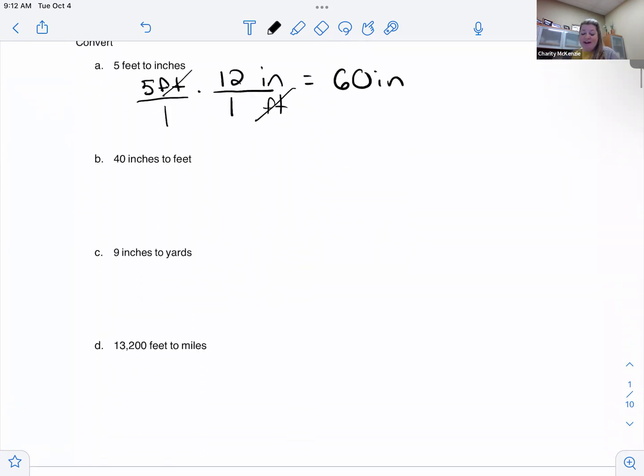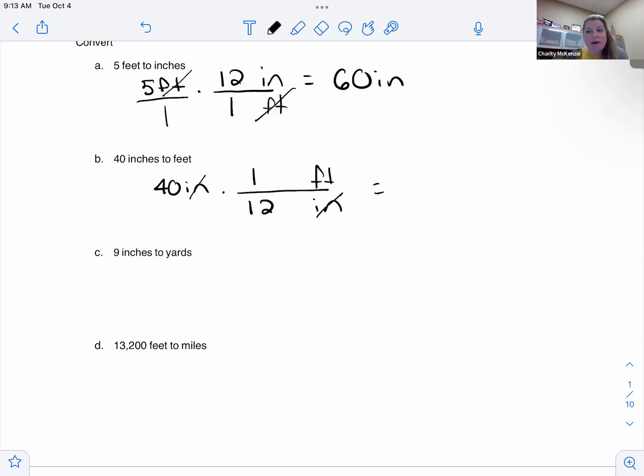So B says, if I have 40 inches and I want to see how many feet that is. So what do I have first? I have 40 inches and I'm going to multiply that by, on the top, my goal, which is feet, and on the bottom, the inches. There are 12 inches in 1 foot, so we still used that relationship. It's flipped, but that's okay. I can still see those inches are going to cancel.